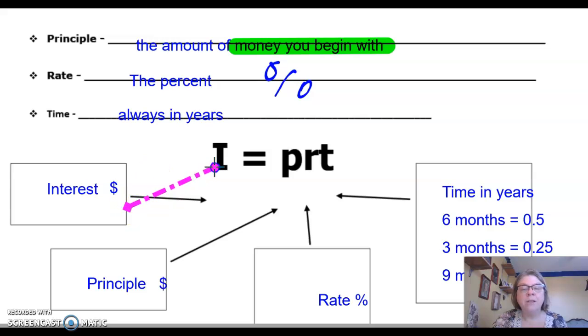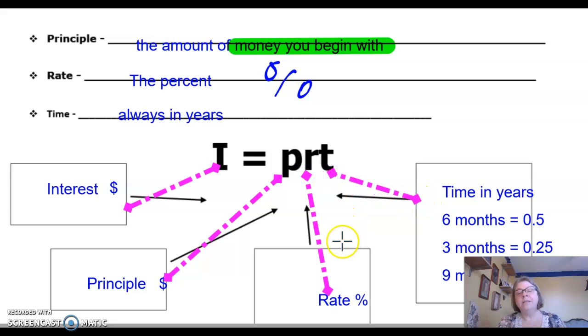It's just like being back at school. Interest goes with the big I. The principal goes with the P. The rate is the percent, and time is always in years.